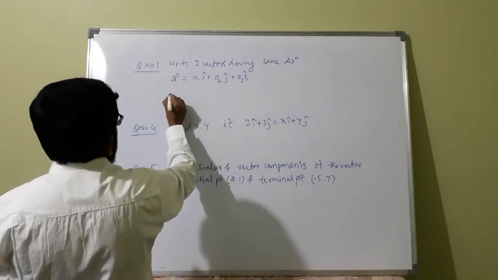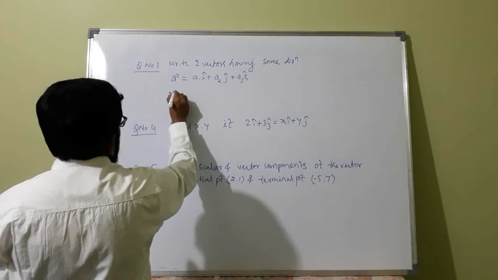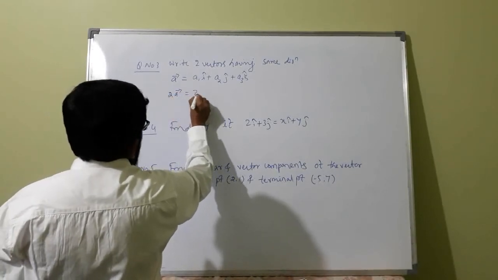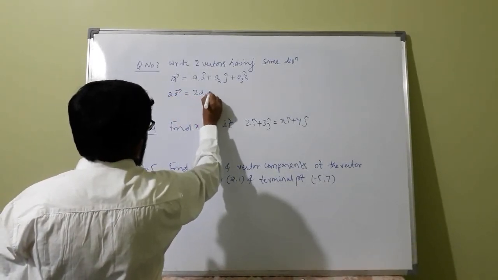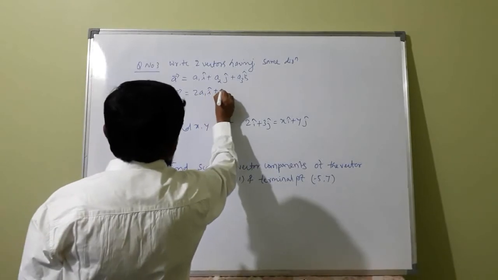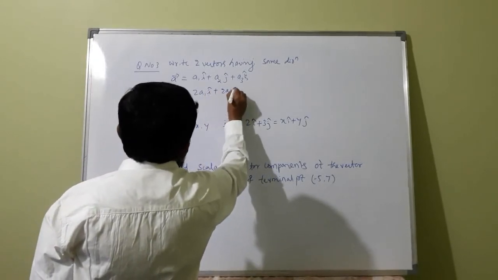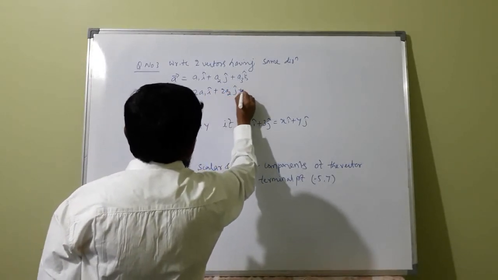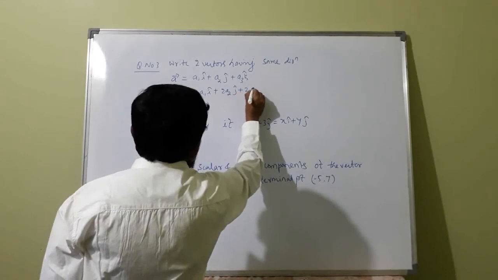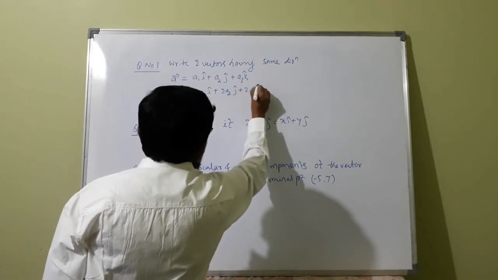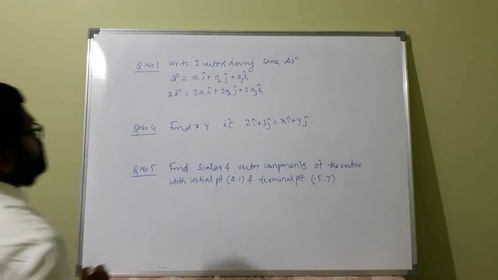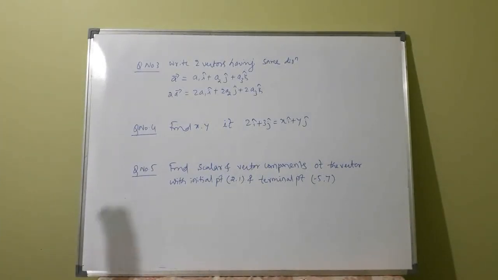Suppose 2A is 2A1i plus 2A2j plus 2A3k. This is parallel. Here the sign is important.